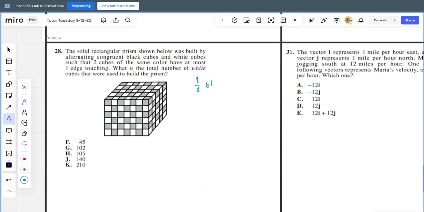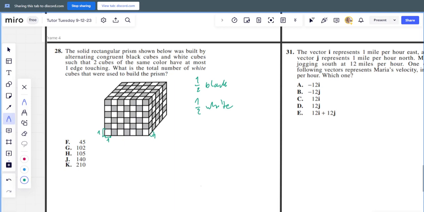Now, if we could just get the total volume, since it looks like we can call these unit cubes, they take up 1 unit of space. If we can find the total volume in units of this whole thing, we should be able to get our answer.